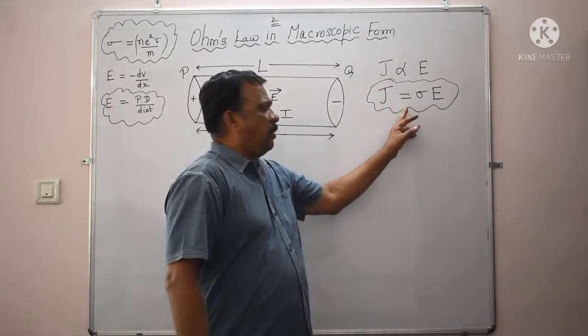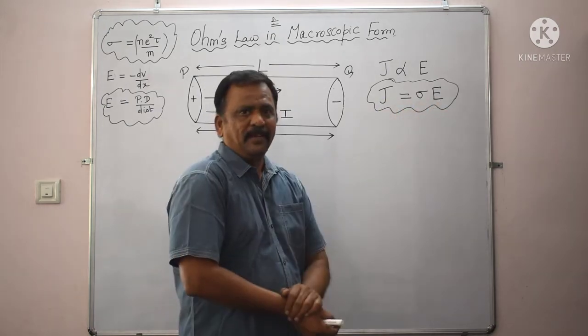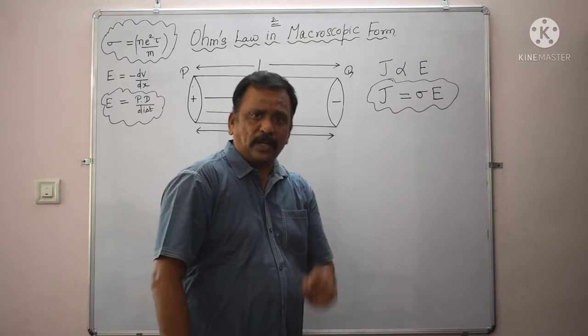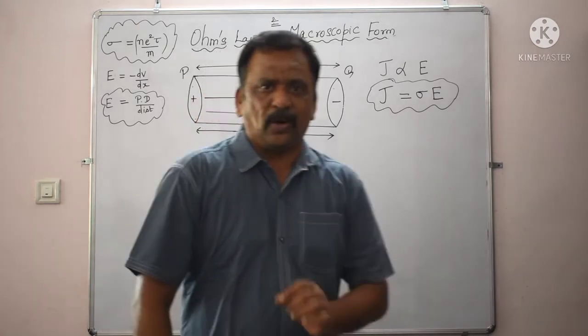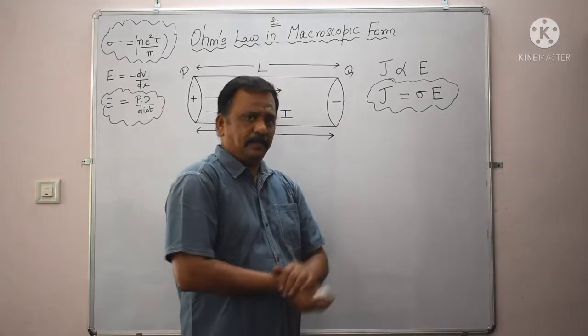Now when I put it in the form of an equation, I have J equals sigma E, where sigma is a constant of proportionality called the conductivity of the material of the conductor.